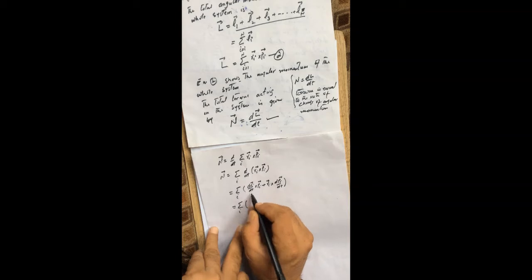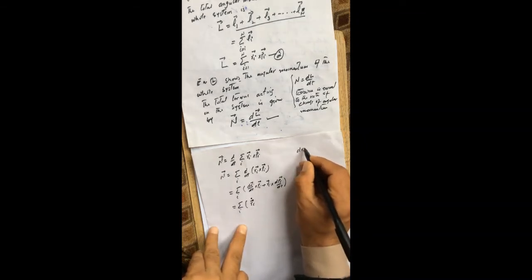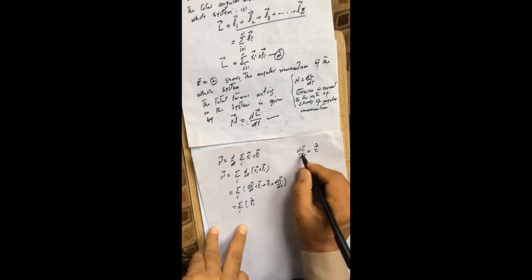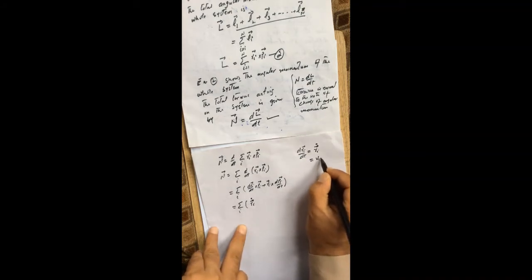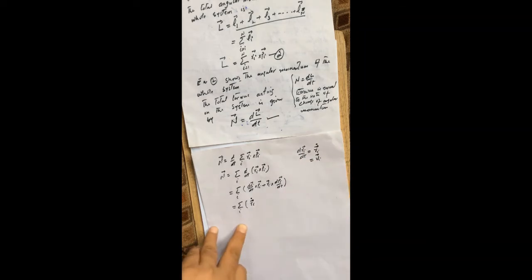So dri over dt, I represent it by ri dot. This dot basically represents the derivative with respect to time, and this is the velocity of the ith particle, because it is the rate of change of displacement of the ith particle.